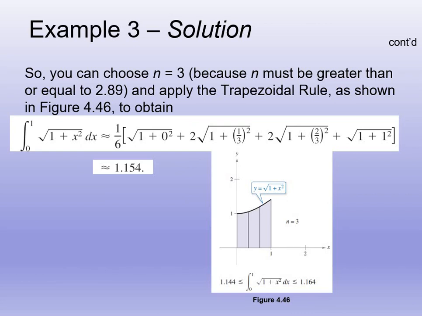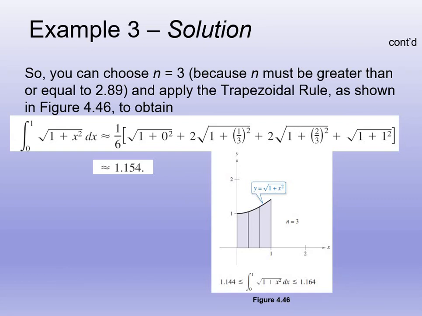Now, down below, if we integrate, okay, we know that we have to be between 1.144 and 1.164 because that puts us within 0.01. All right, so if you take 1.154 plus 0.01 and 1.154 minus 0.01, that's where we're getting our values of 1.144 and 1.164.